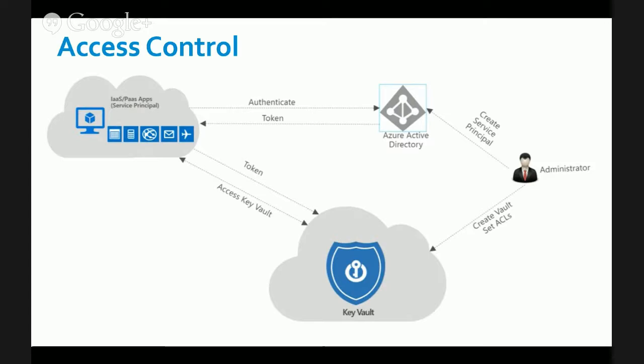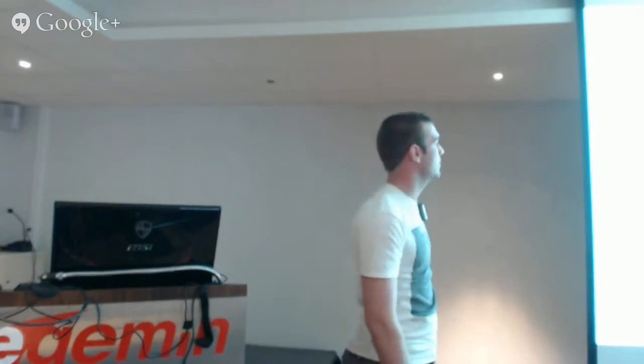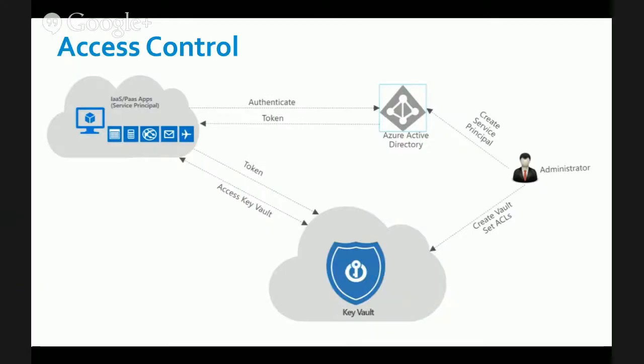Then the consumer will authenticate with Active Directory, will receive a token back, and will send that token to Key Vault along with their requests. And if they're allowed, it will give them a result. So you're really dependent on Azure AD. There is no way to use Key Vault without it.